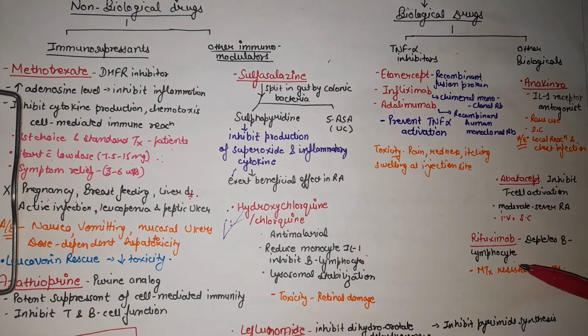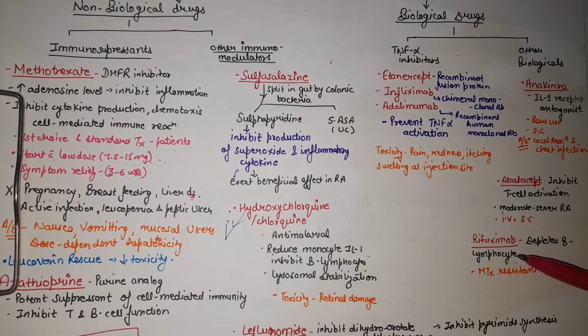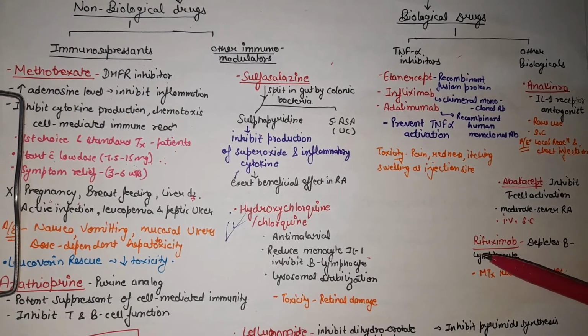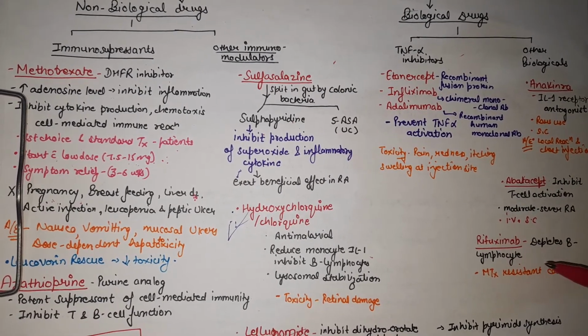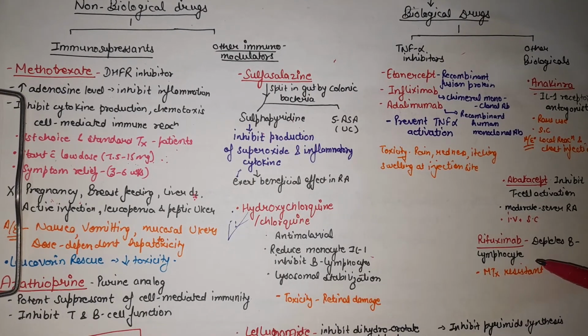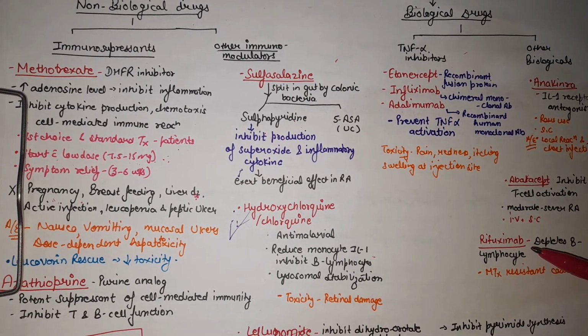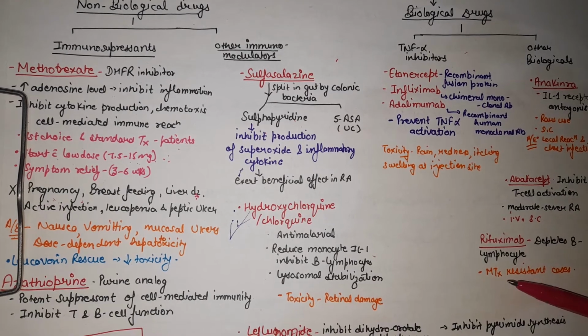Next drug used as a biological agent for the treatment of rheumatoid arthritis is rituximab. It is a monoclonal antibody and it depletes B lymphocytes. This drug is reserved for cases that are methotrexate resistant.